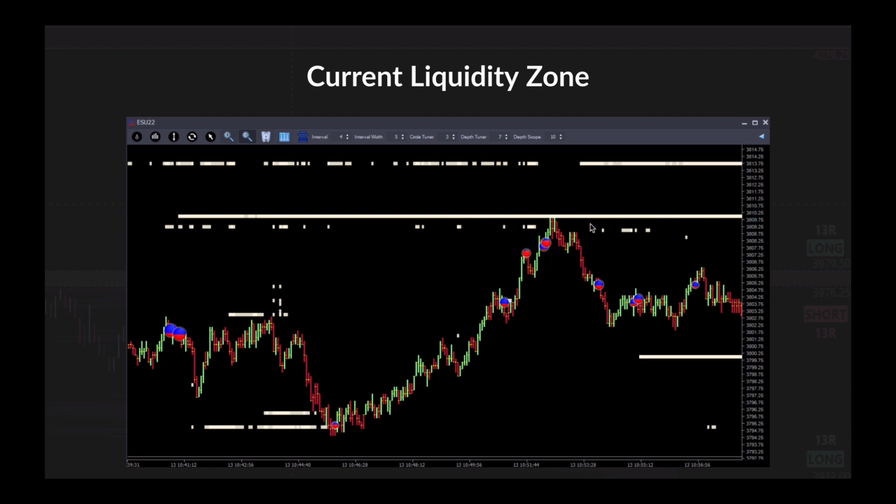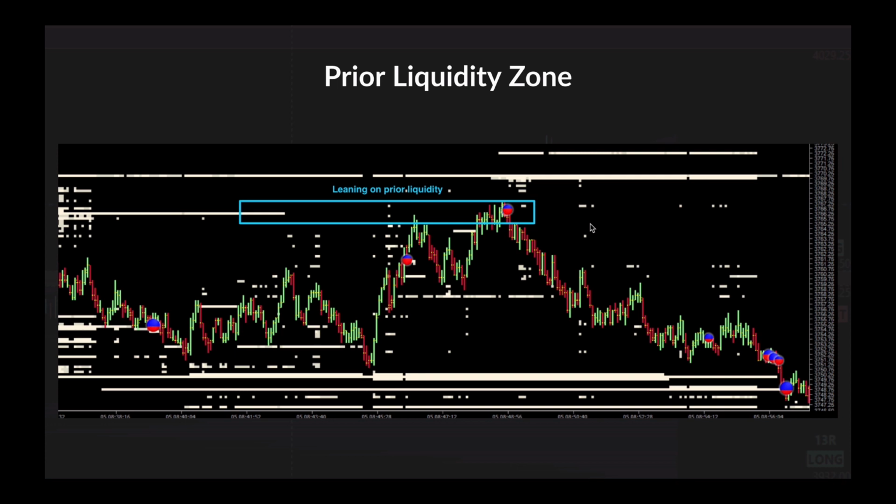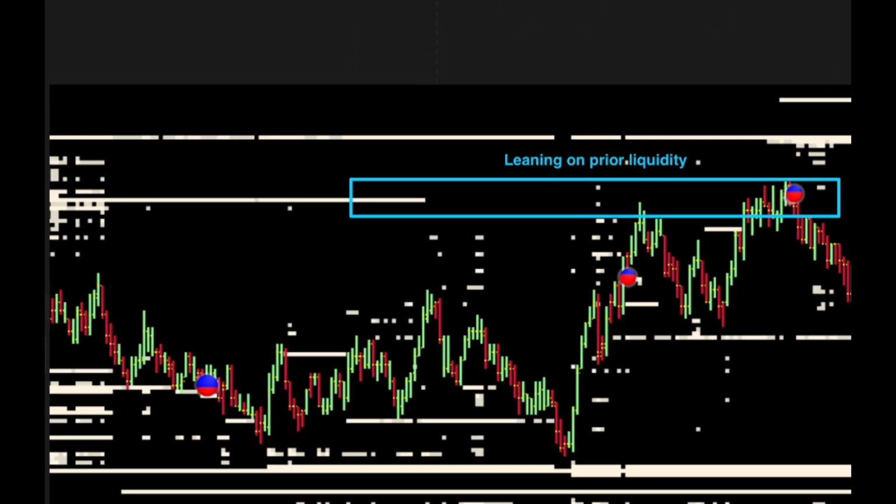Okay. Now, I can also use and lean on prior liquidity zones. So here's an example where you have this liquidity zone that was here, pretty well established, pretty thick zone. You have another one above it, right? So this is my current liquidity zone because it's still there. And then all of a sudden, there's nothing here. It's like the liquidity is gone.